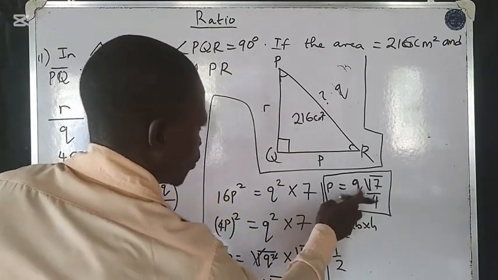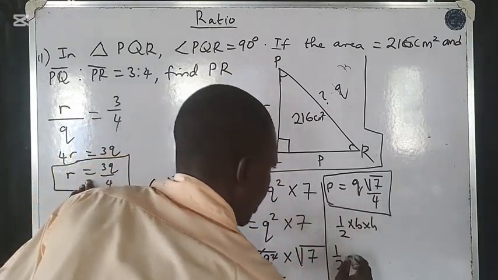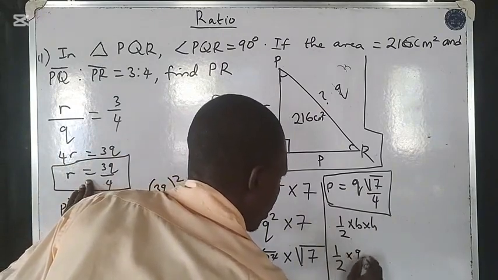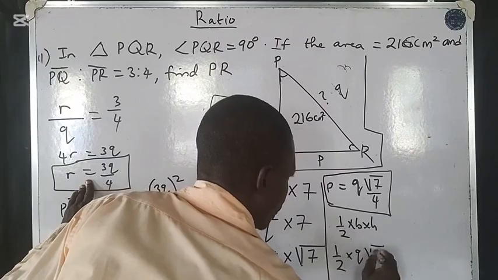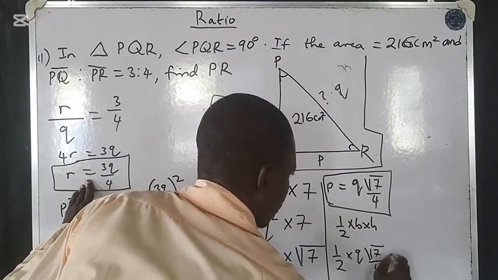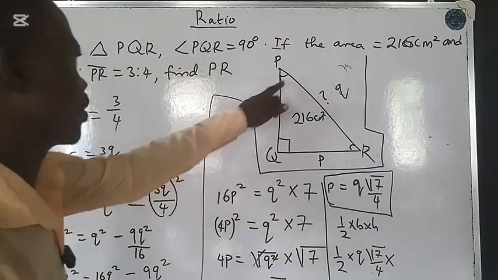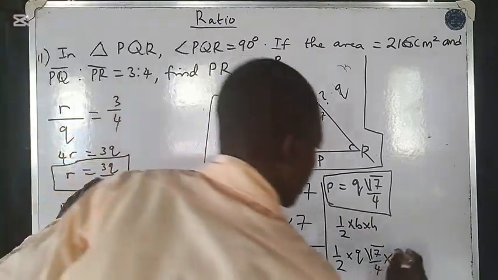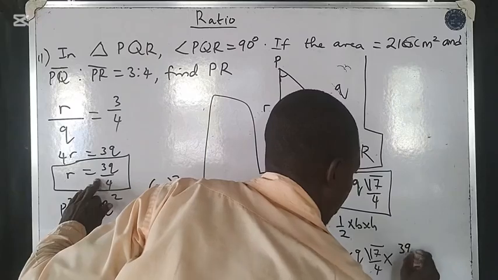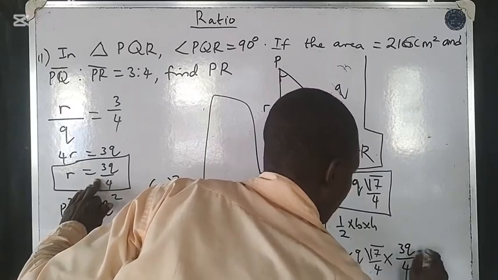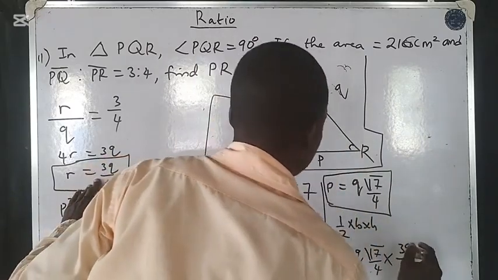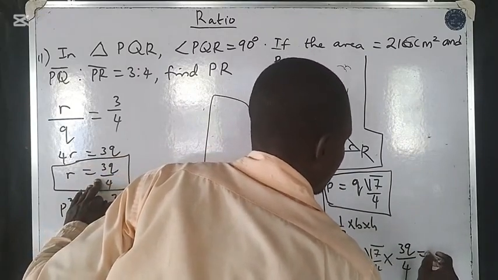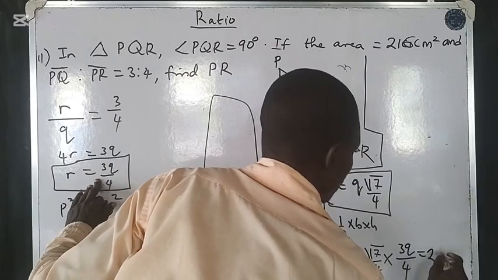Our base is what we just found, P, which is q square root of 7 over 4, times the height of the triangle, which is 3q over 4, equals the area of the triangle, which is 216.